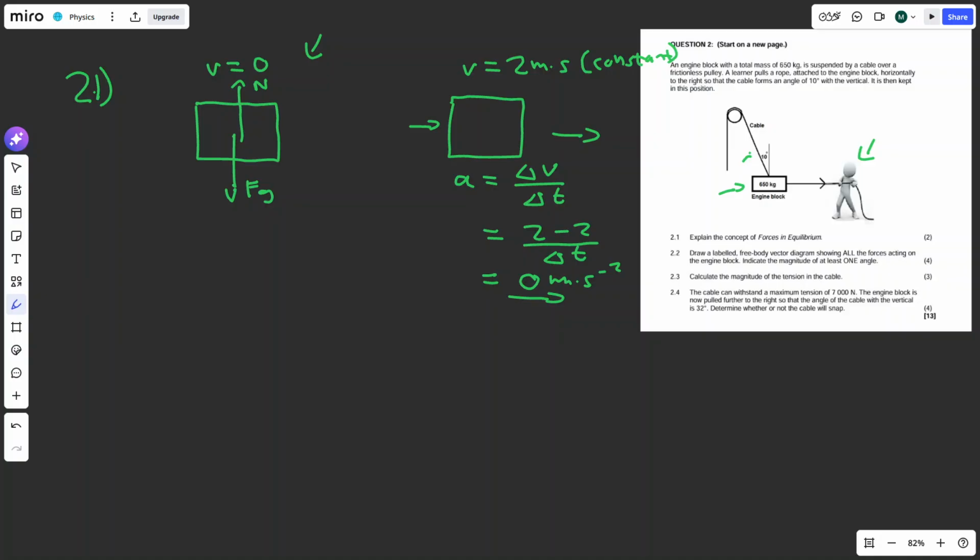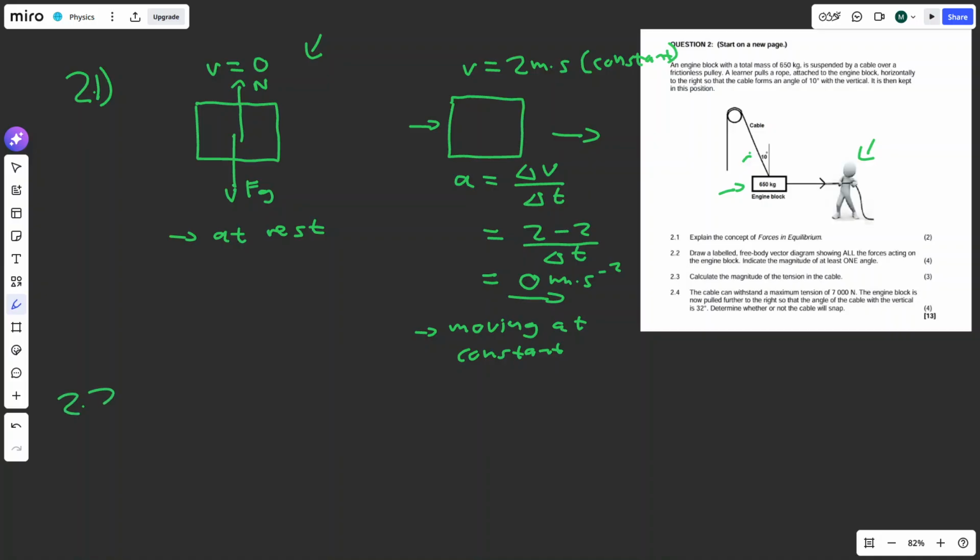If you were to define this using words, when a body is in equilibrium, it will either be at rest, or it is moving at constant velocity. I'm just explaining the concepts to you so that you can understand it and then be able to phrase it in your own words. So let us move to the next question.